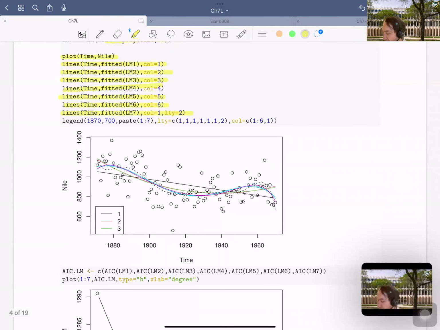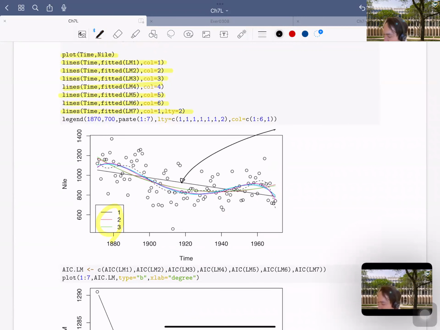We don't have enough legend, but the straight line is obviously the degree 1 polynomial. The color 2 is red, so the red one is the degree 2 quadratic function. And the green one is 3, so the green one is degree 3. And so on. So which is the best?